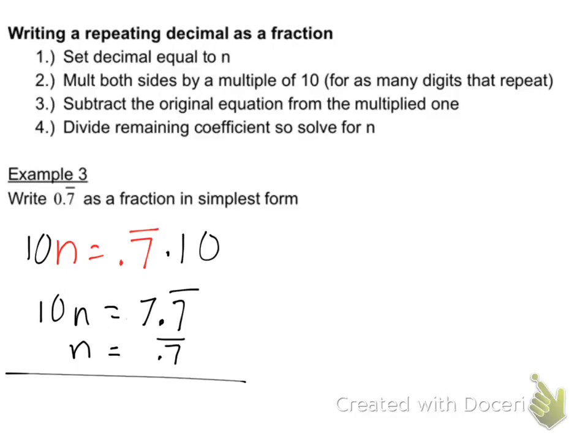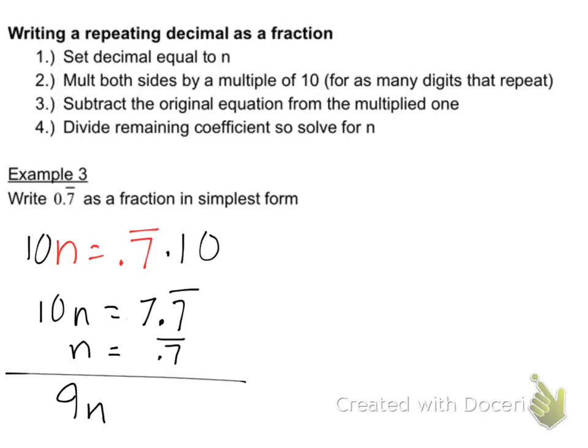I got 10 candy bars, and I give a candy bar away. How many candy bars do I have? I have 9 candy bars, right? I can't just get rid of the label. So I have 10 of something, I give one of them away, I have 9 of those things. So 10n minus n is 9n.